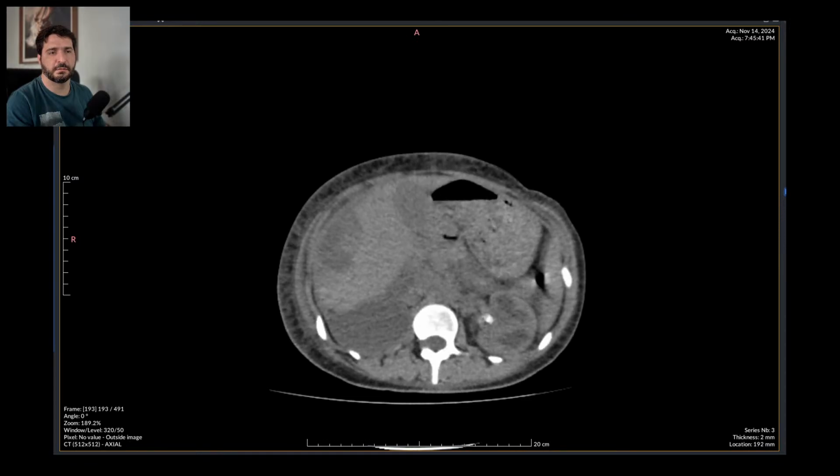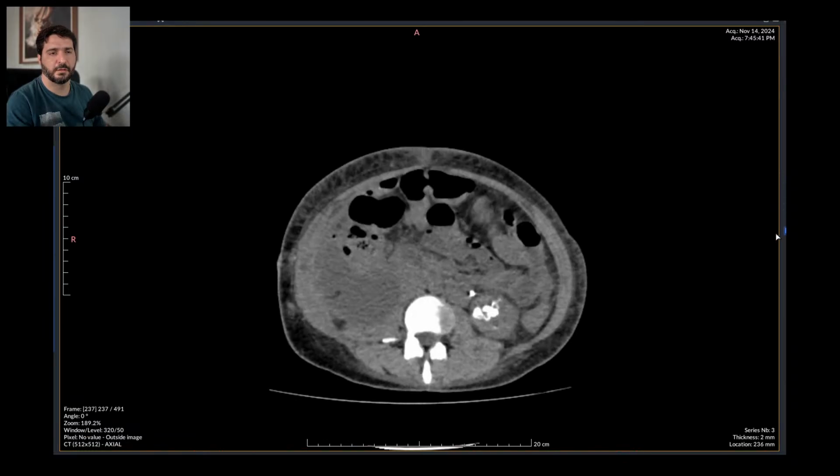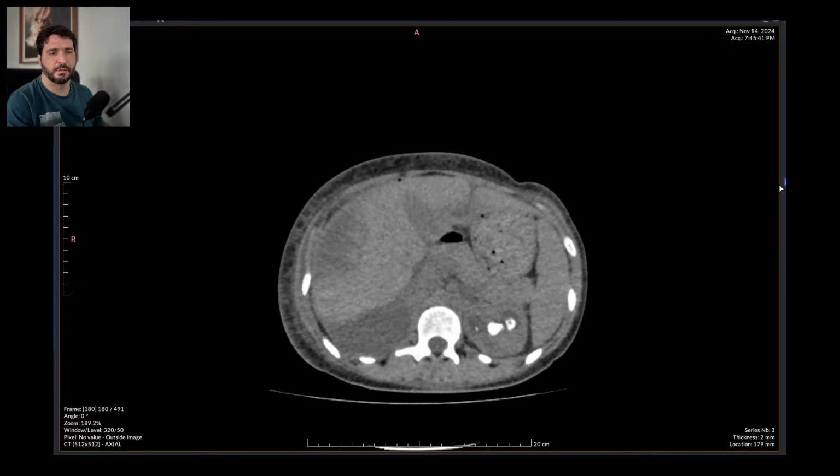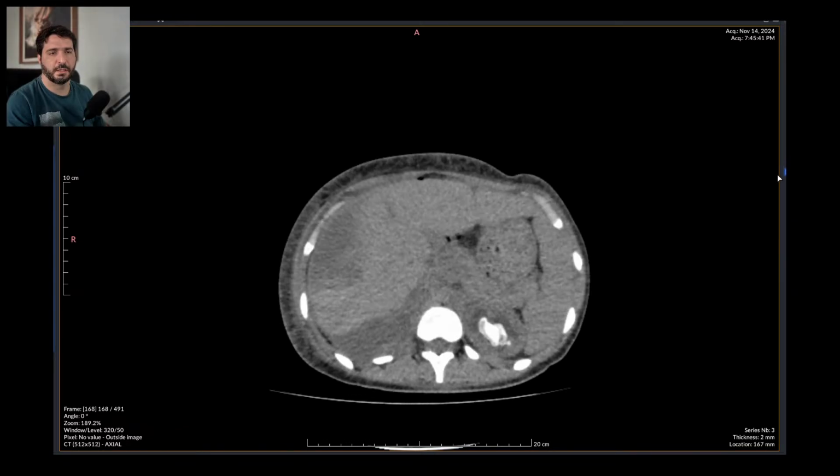It's all destroyed by those stones, those coraliform calculi, and the parenchyma is very thin.